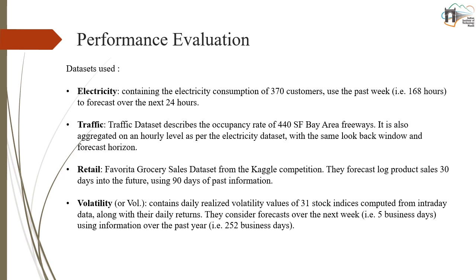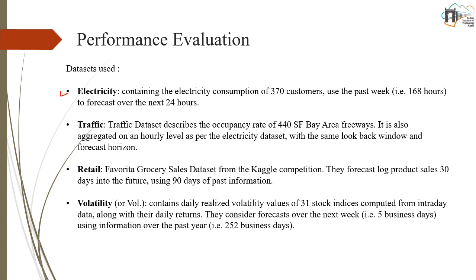The first was an electricity data set, which contained the data of 370 US households. In this model, we take the look back period that we talked about in the architecture. The look back period was a week, about 168 hours, and we give the forecast of our model for the next 24 hours.